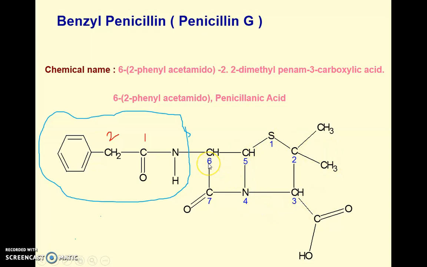On the sixth position of the penicillanic acid, there is the same 2-phenyl acetamido. So one can write 6-(2-phenyl acetamido) penicillanic acid. That is again the simple way to write the chemical name of this benzyl penicillin. Instead of writing 2,2-dimethyl penam-3-carboxylic acid, one can replace it with penicillanic acid.